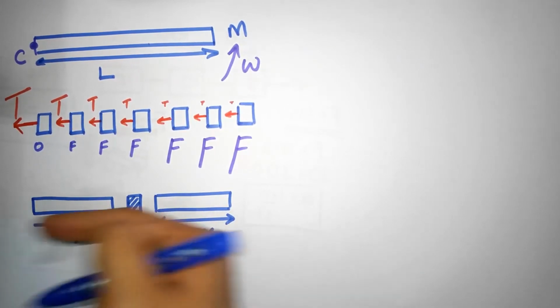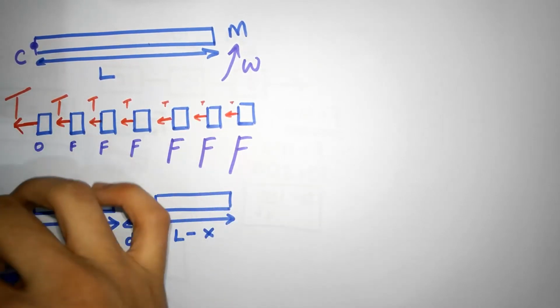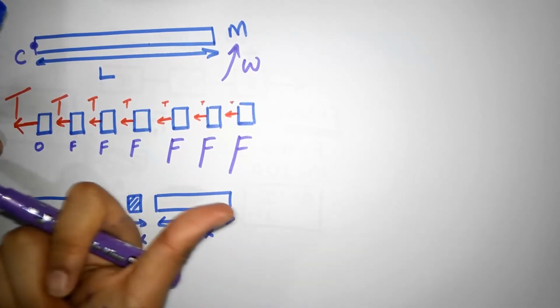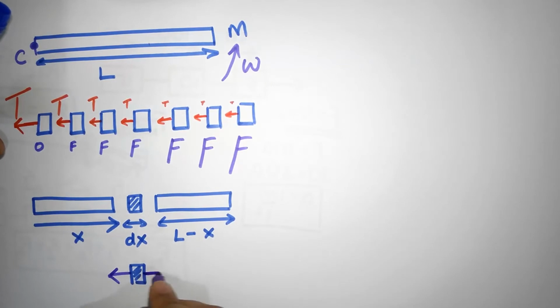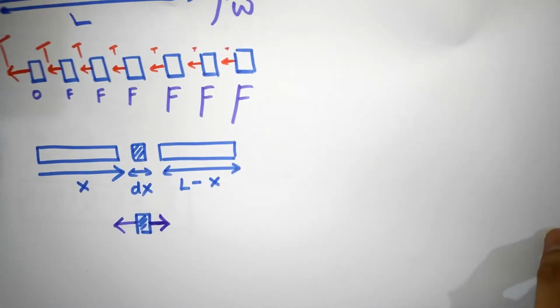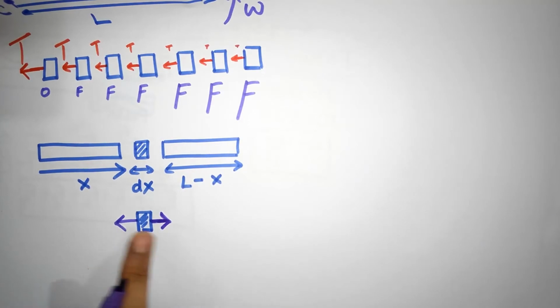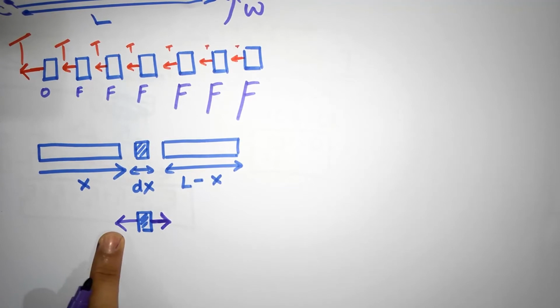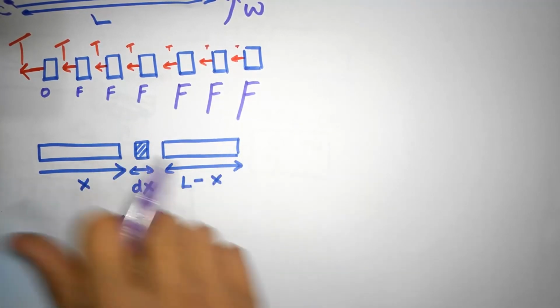This fellow is pulling him this way, so there's a pulling force this way. This fellow is also pulling him this way, there's a pulling force this way also. Okay, which force is going to be bigger? Quick guess. This one, because it needs an acceleration in this direction, right?